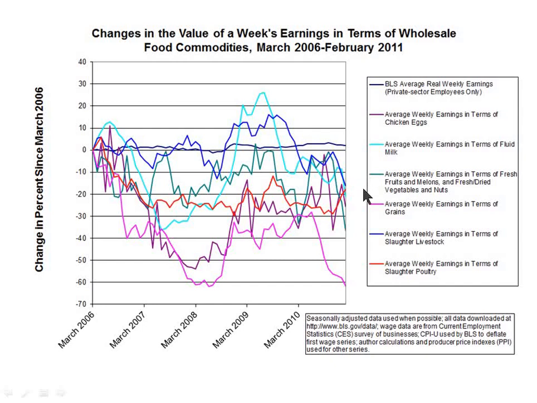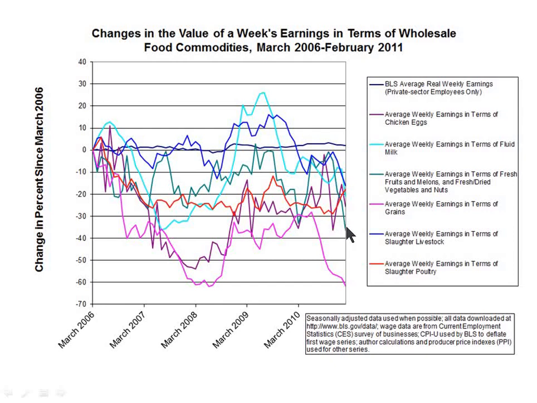So in this case, just try to pick anything, like average weekly earnings in terms of slaughter livestock was approximately 0% in March 2006, and then after so many fluctuations it became maximum in March 2009. Then after that it decreased significantly. On the other hand, the average weekly earnings in terms of fresh fruits and melons and fresh dried vegetables and nuts was approximately 10% in March 2006, and then it showed so many variations and fluctuations, and it became minimum in Feb 2011.